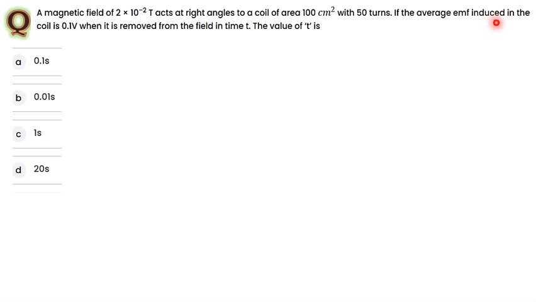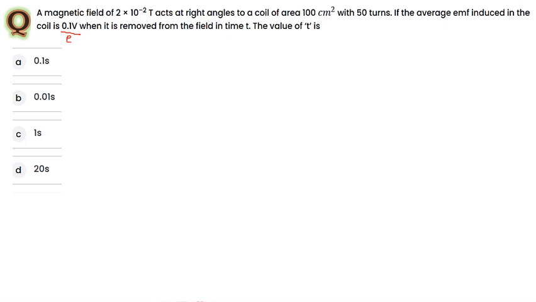Then the average EMF induced in the coil, the EMF value they have given, is 0.1 volt when it is removed from the field in time t. So the value of t here is, see, at a particular time once the magnetic field has been removed, the induced EMF here is 0.1 volt. What they are asking here is what is the value of t at that particular time when you are getting an EMF.